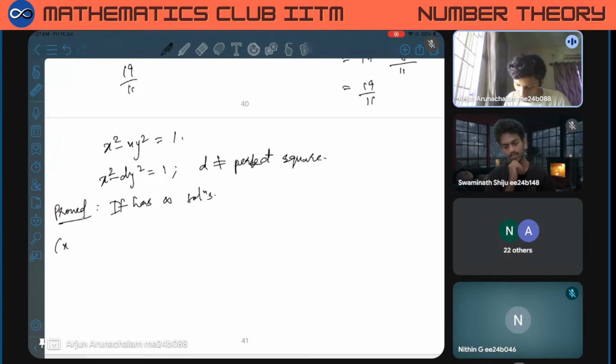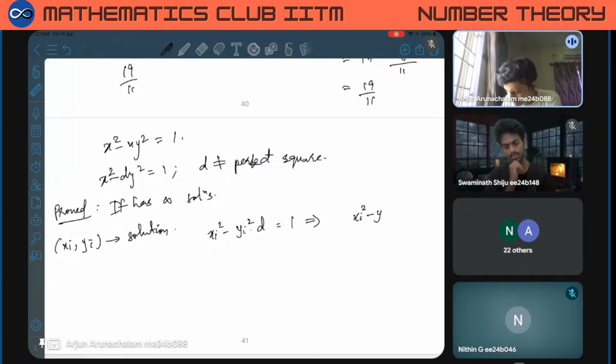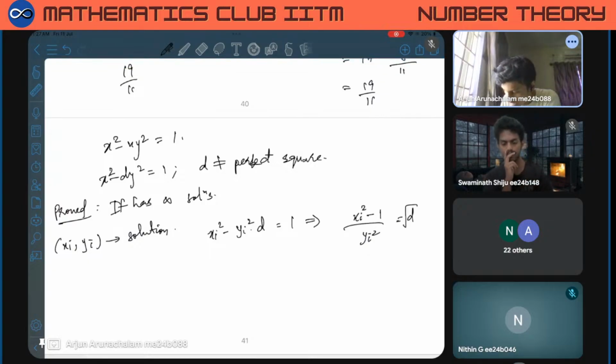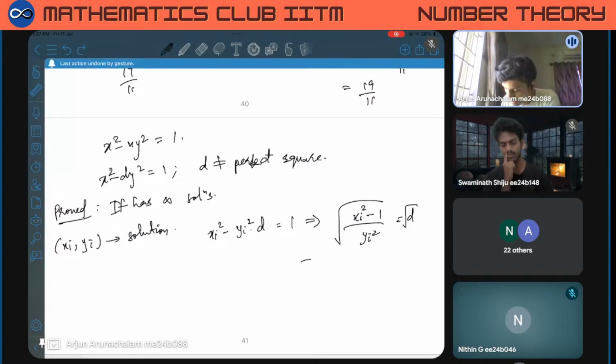So let's say xi comma yi is a solution for this Diophantine equation. So you have xi squared minus yi squared times d equals 1, which implies xi squared minus 1 by yi squared is equal to d, and root d will get us this.